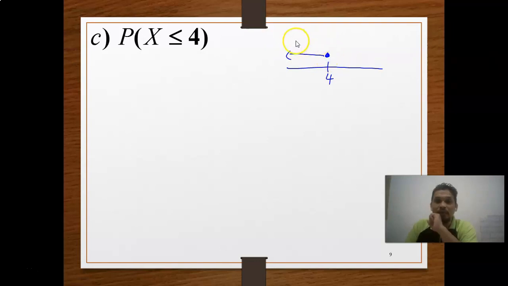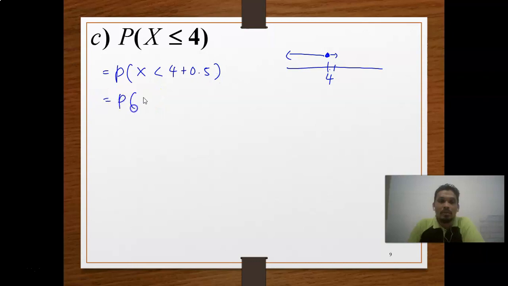Before we move to the left side, we take a 0.5 step behind, in this situation it's to the right, then we move to the left. So then it is the probability of x less than 4 plus 0.5. Then it is the probability of x less than 4.5.